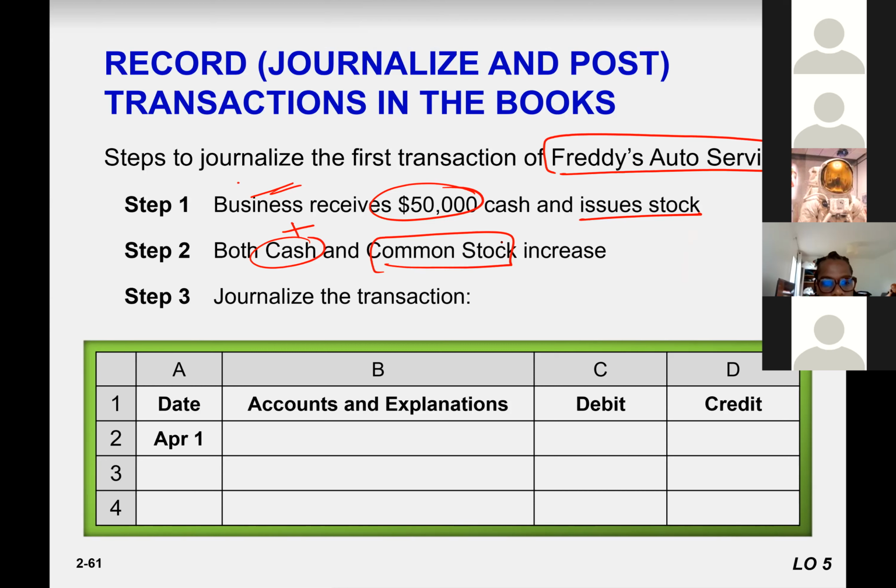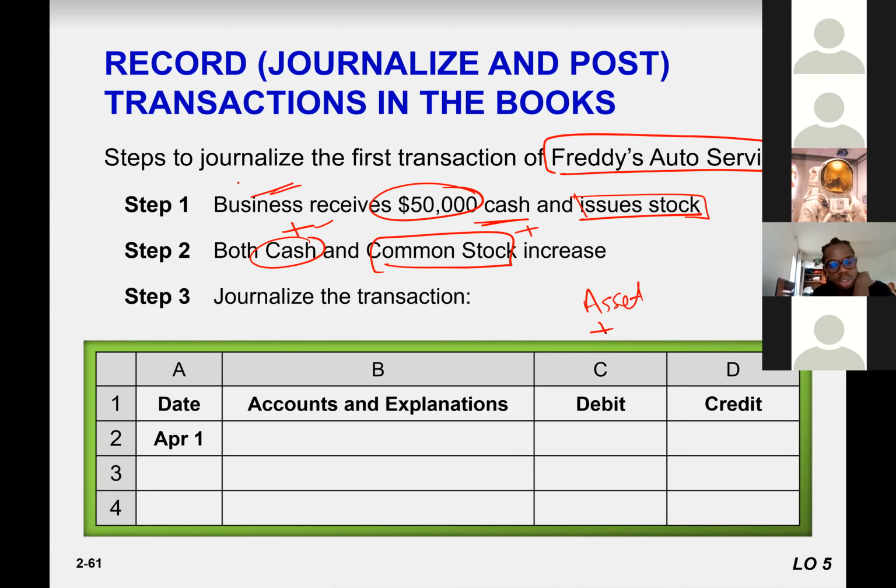Okay, so which two accounts did we find through the transaction? Cash increases, we put the plus-minus marks here, that cash is increasing. And if the company issues stock, it means stock is increasing, right? Now, debit, credit. If cash increases, cash belongs to assets, right?